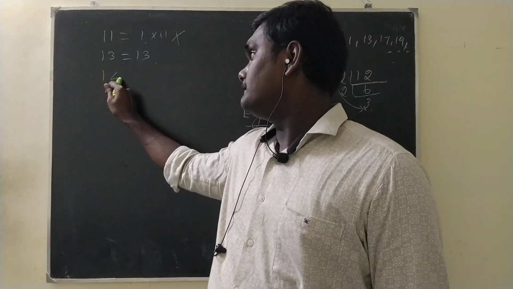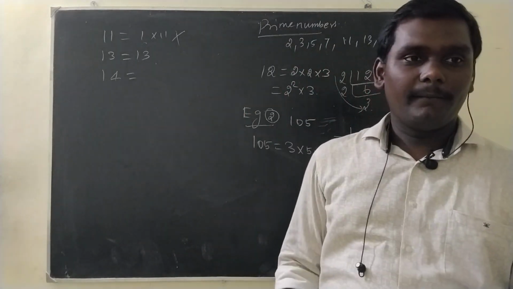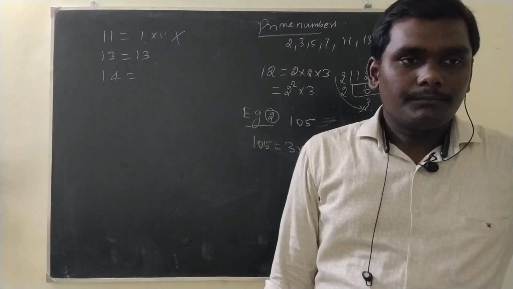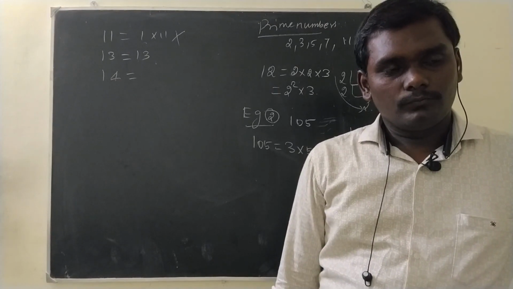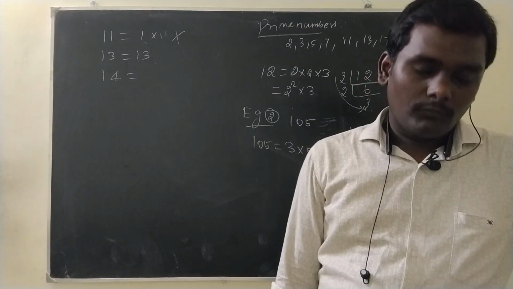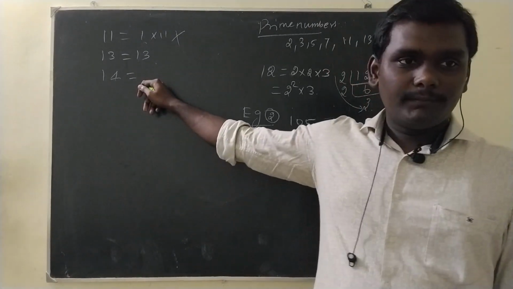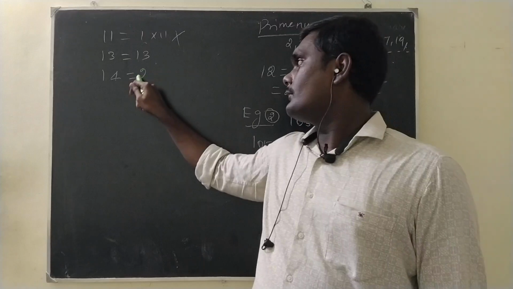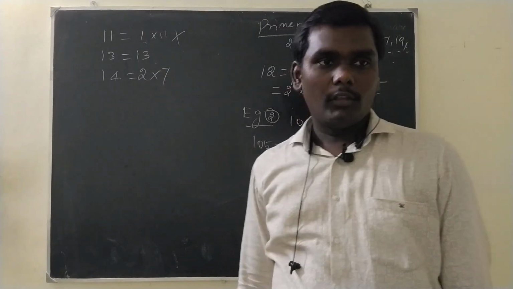14. What are all the prime factors of 14? 2 and 7. Can you express this as a product of primes? 2 into 7. Okay.